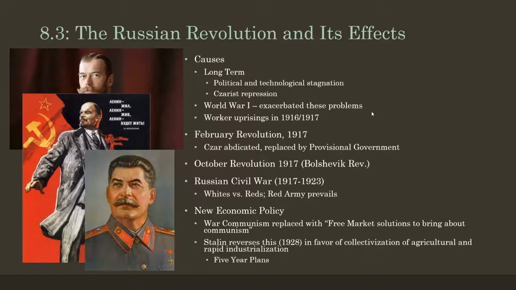These 5-year plans are plans by the government to achieve these goals, to rapidly catch the Soviet Union up through socialist means, not through free market means, but through socialist means. So both Lenin and Stalin recognize the problem facing the Soviet Union is primarily industrialization, but they go about it in different ways. So that's the Russian Revolution.